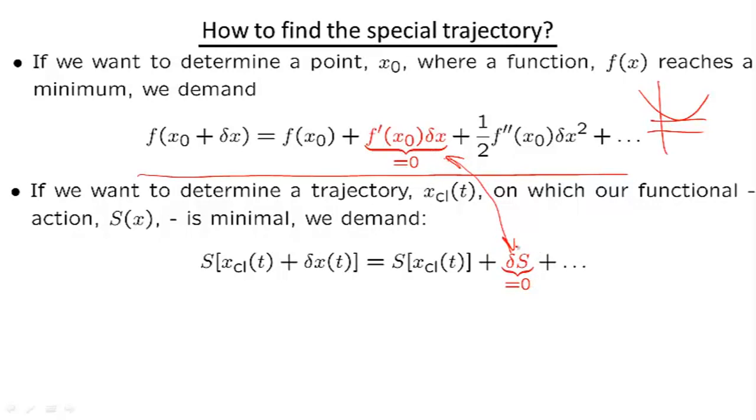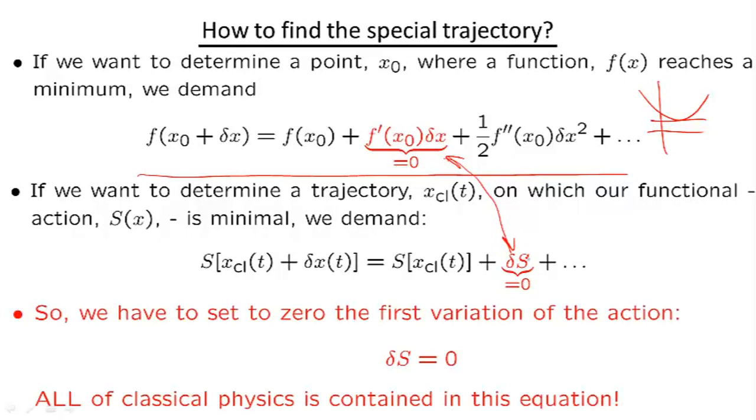And this equation, delta S equals 0, is a sort of mathematical expression for the principle of least action, and in some sense all of classical physics is contained in this equation, which is actually quite remarkable.